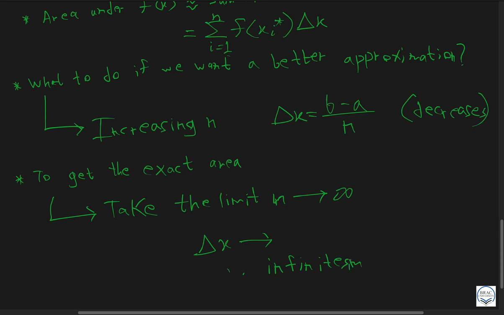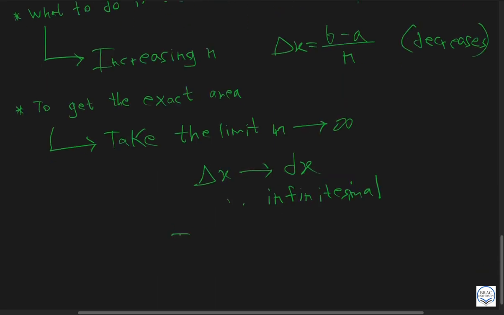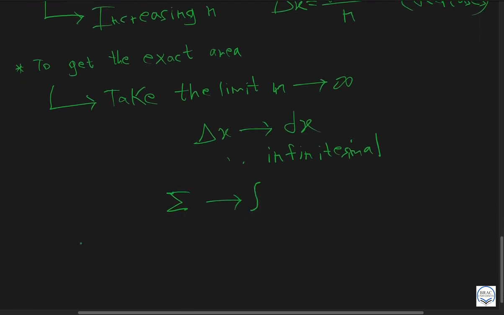The delta x becomes infinitesimal. And we then label delta x as dx. We also change our sum symbol to an integral symbol.